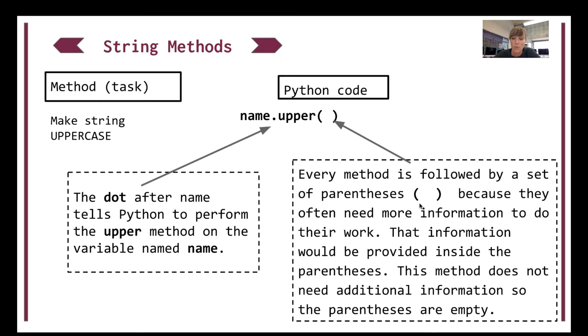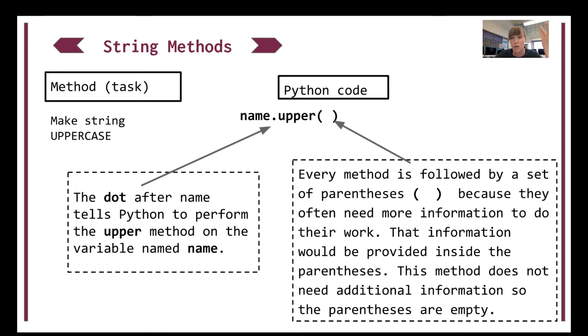The parentheses after the method are part of the syntax of a method. They use that because methods often need more information to do their work. That information will be provided inside the parentheses. This method does not need additional information, so the parentheses are empty.